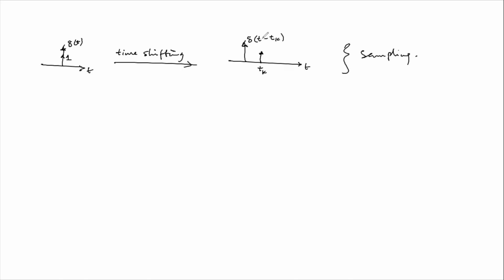So when the signal s of t is multiplied by the time shifted impulse response, then the signal is seen to be shifted by the time t sub k, such that the signal therefore assumes its value at this time t sub k.